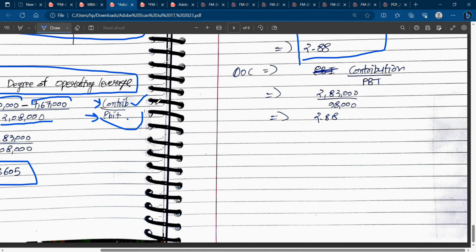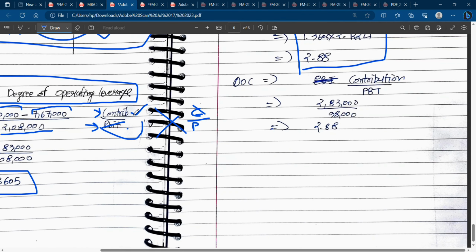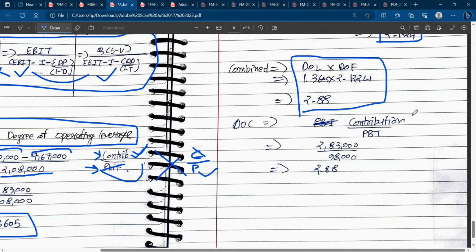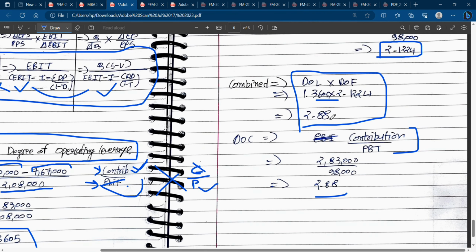If we multiply them, the upper EBIT and the lower EBIT will cancel. So our formula will be contribution divided by profit before tax, and the answer will be the same. Contribution divided by profit before tax is 2.88, or you can directly multiply both, the answer is 2.88.